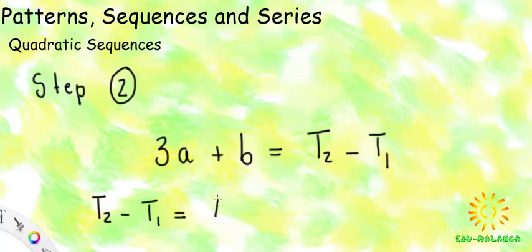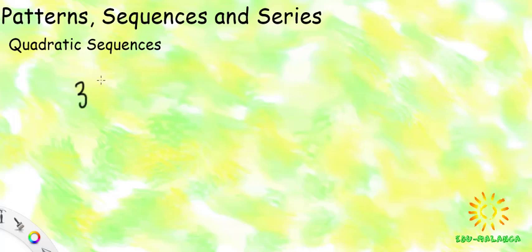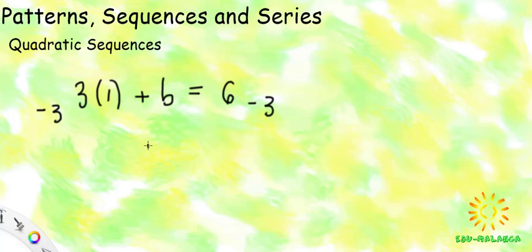So we have 4 minus negative 2, and that's equal to 6. From here, we know that a is equal to 1. We solved for it. We'll substitute everything in then. The equation becomes 3 times 1 plus b is equal to 6. If we subtract 3 from this side and subtract 3 from this side again, we get that b is equal to 3. That's the end of step 2.